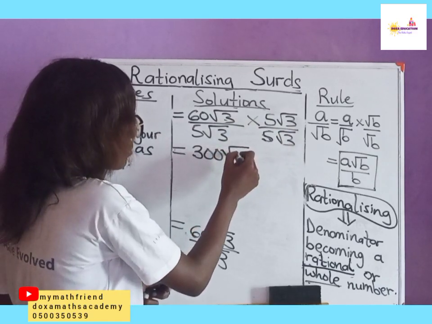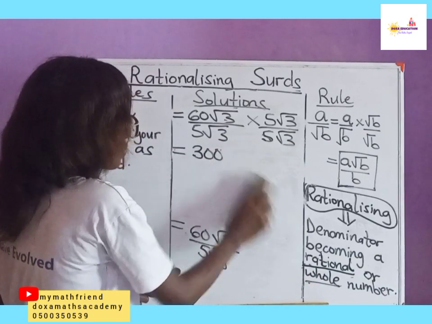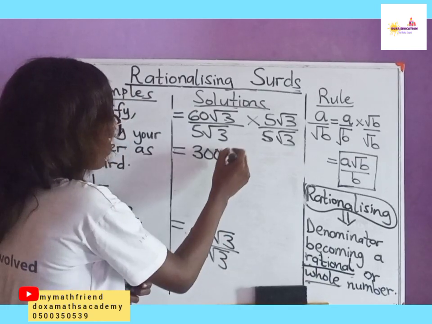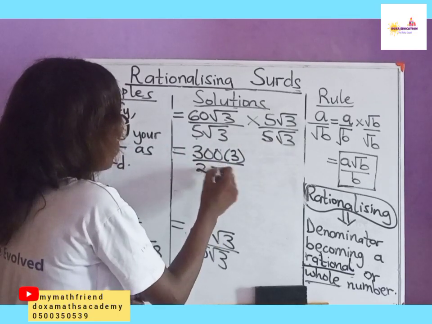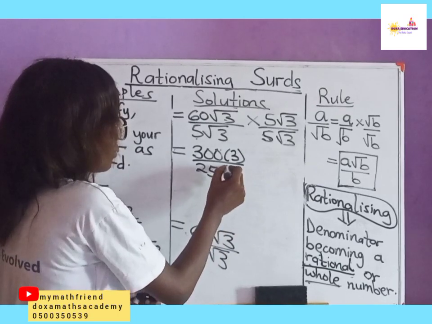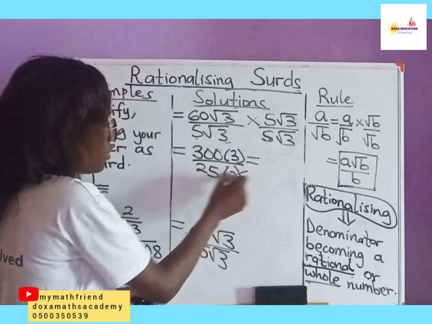Root 3 times root 3 is 3. Denominator: 5 times 5 is 25, and root 3 times root 3 is 3. Now from here you can cancel.